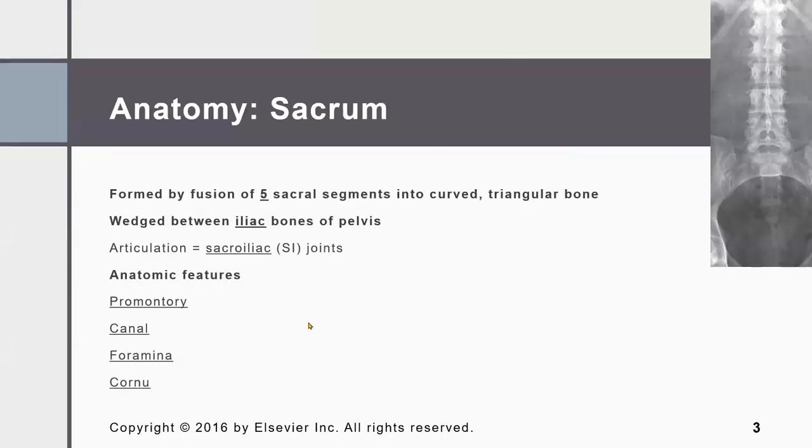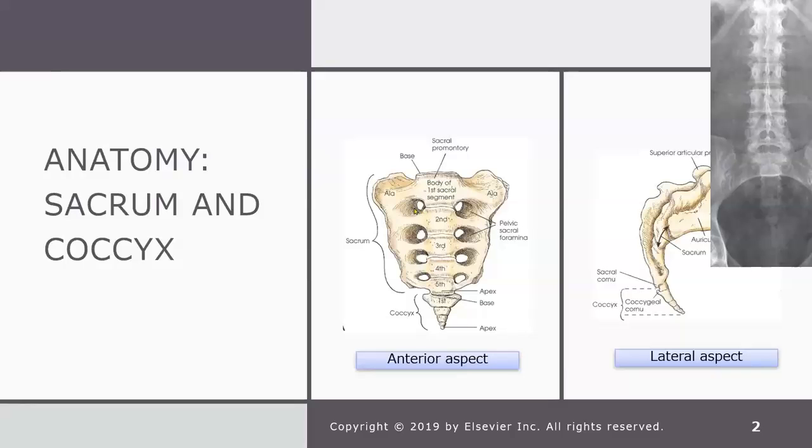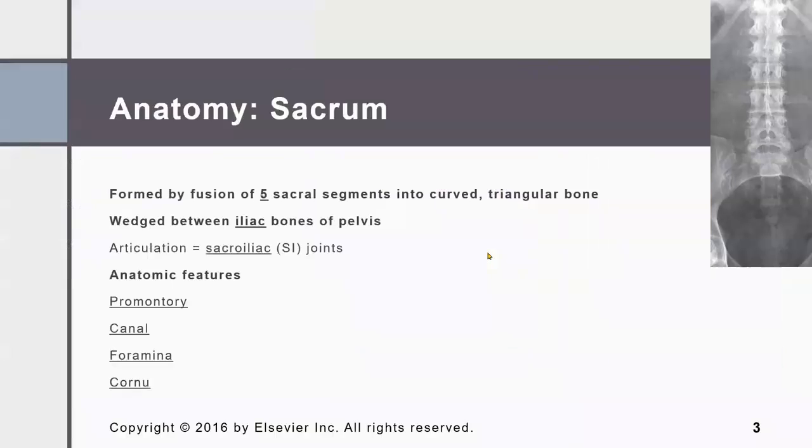The foraminas are only seen on the AP. Foraminas are similar to what we have in our cervical spine, the transverse foraminas, or the intervertebral foraminas that are created with 2 vertebrae. They're basically holes, through which some nerves and other things do run.